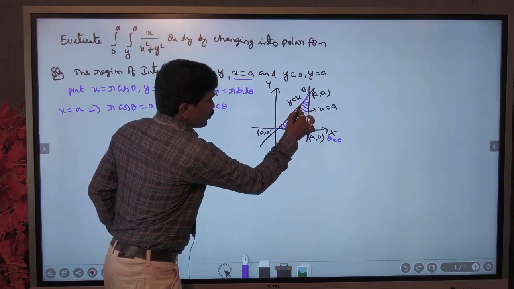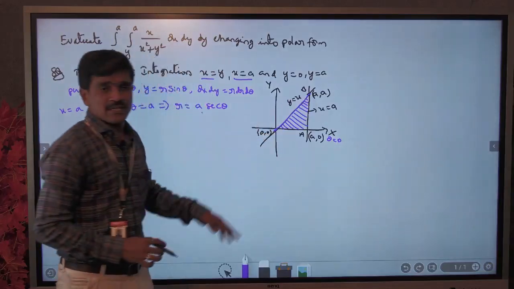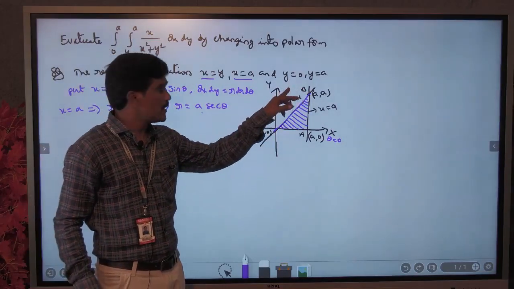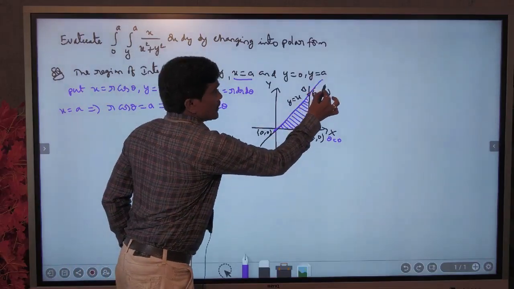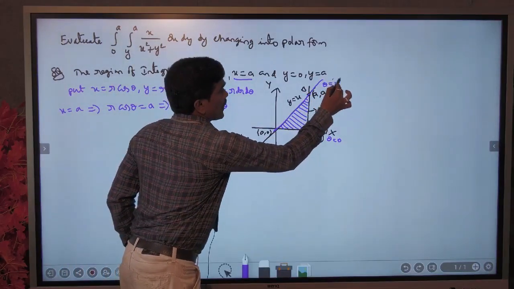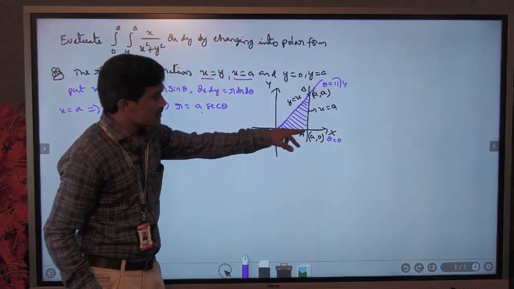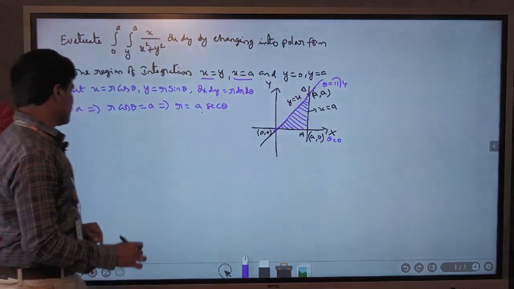Now this is the required line. It is the y is equal to mx line, right? Here m is the slope, so 1 is the slope. That's why the angle theta is equal to pi by 4. So theta varies from 0 to pi by 4.